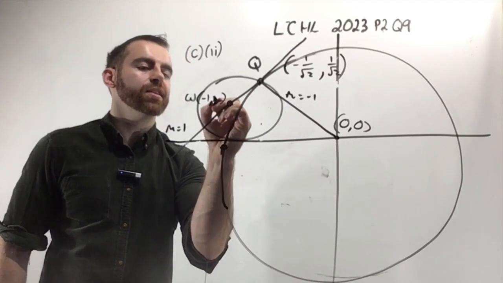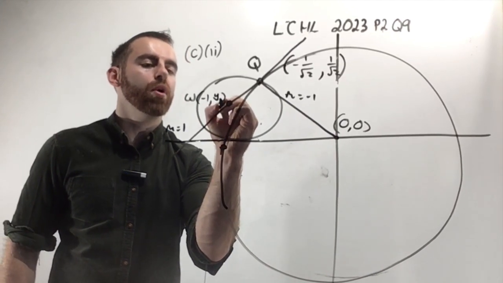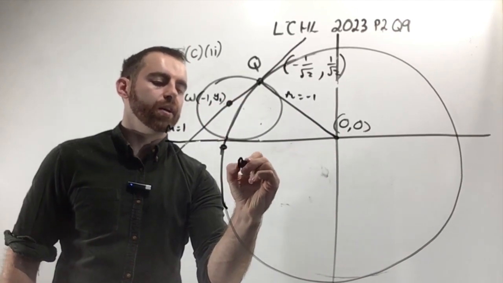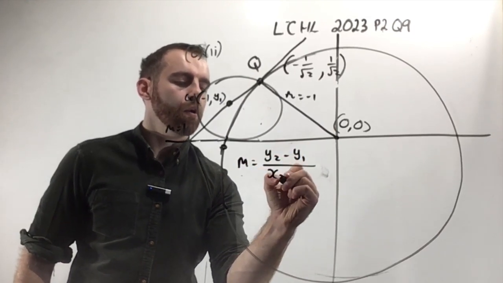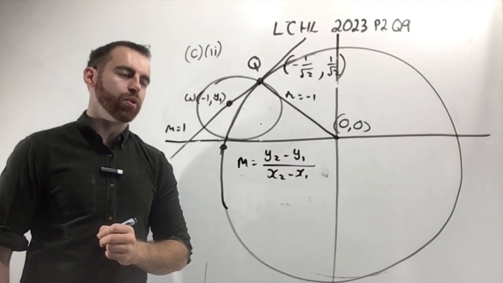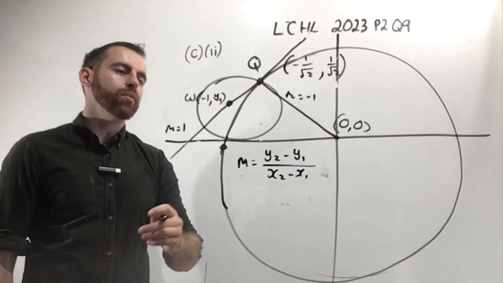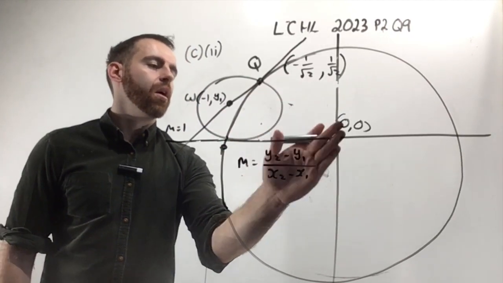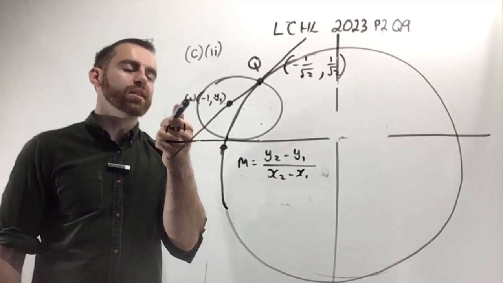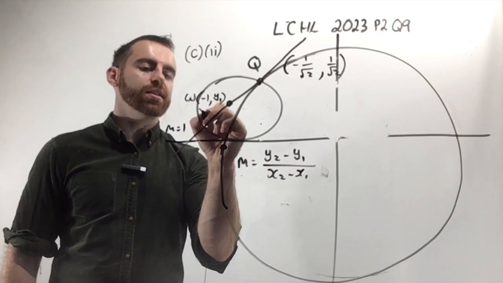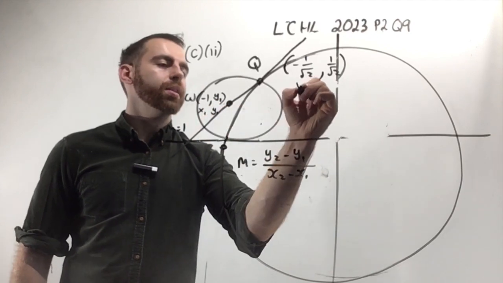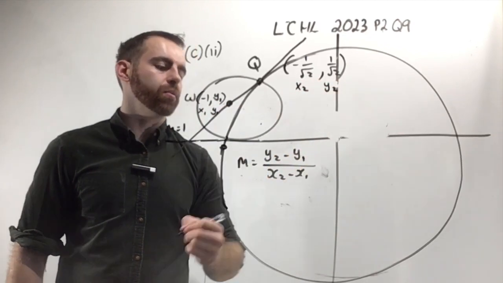Now, in order to find this coordinate, for the moment, let me call it y1. An easy way to get the slope of a line is y2 minus y1 over x2 minus x1. All I'm concerned with at the moment is the distance from W to Q. Let me refer to this as x1, y1, and this as x2, y2.